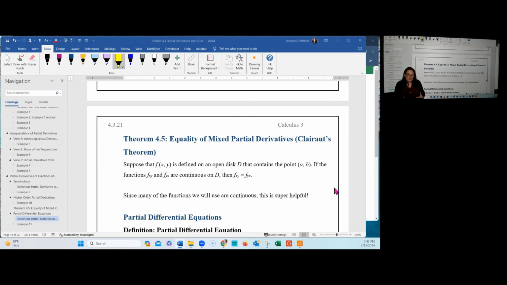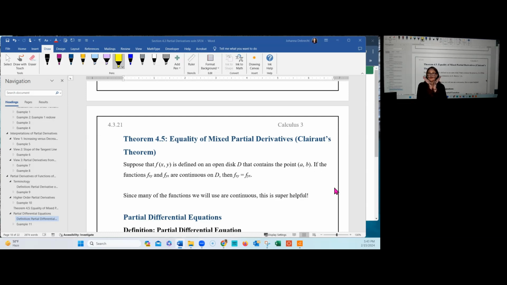So what is this saying? This is a rare situation where continuity does imply differentiability. That does not occur in a function of a single variable. In a function of a single variable, just because it is continuous does not mean it's differentiable.